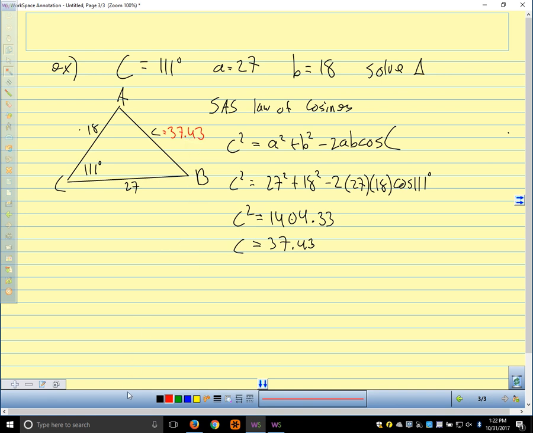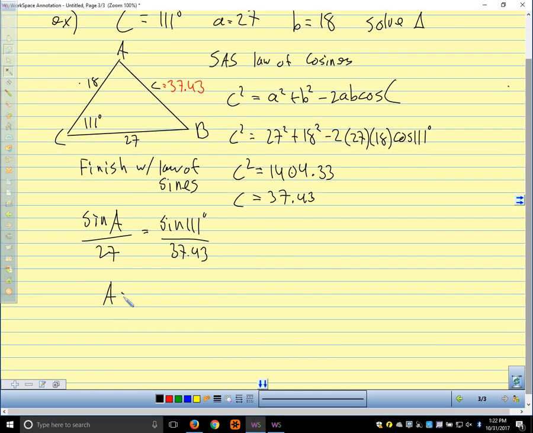All right, and then we're going to finish with the law of sines. You can use the law of cosines again if you would like, but you don't have to. I'm going to find angle A. So sine A over 27 equals the sine of 111 over 37.43.